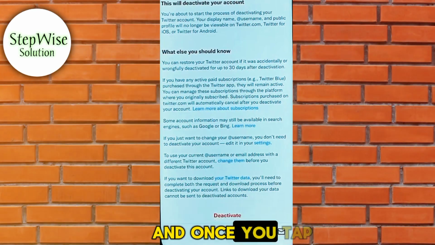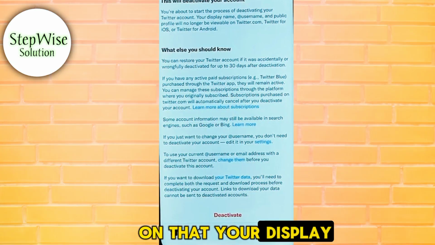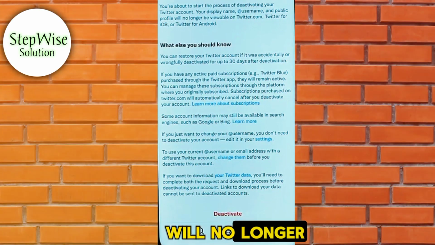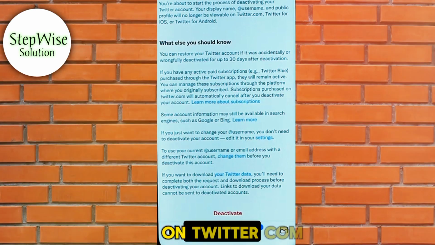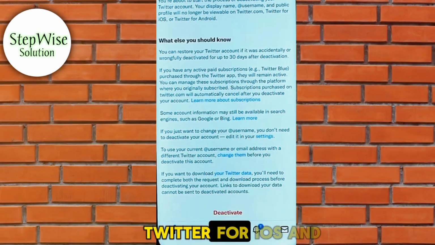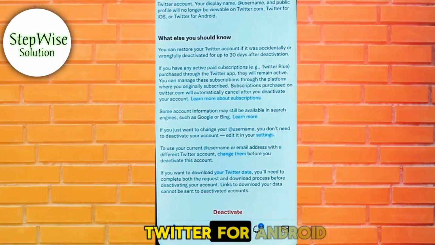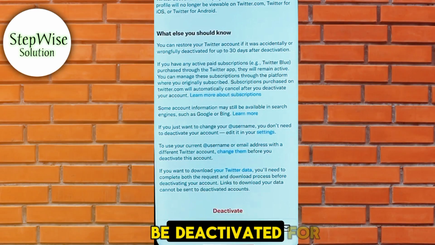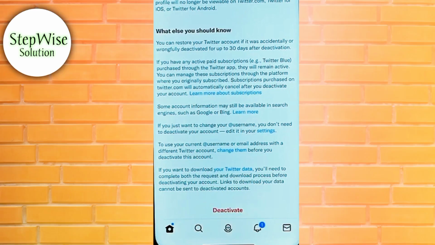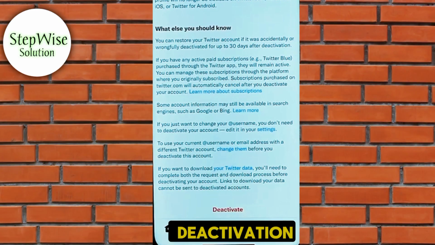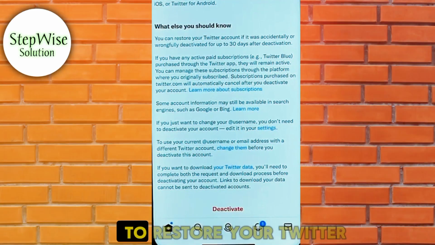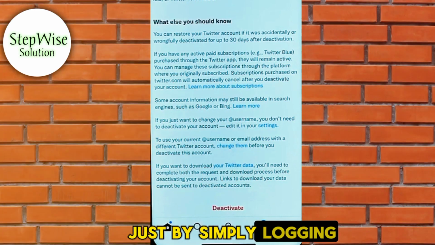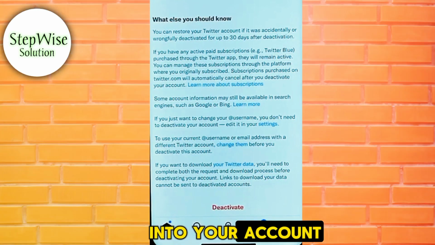And once you tap on that, your display name, username and public profile will no longer be viewable on Twitter.com, Twitter for iOS and Twitter for Android. And your account will be deactivated for 30 days. Within 30 days after deactivation, you would be able to restore your Twitter account just by simply logging into your account.